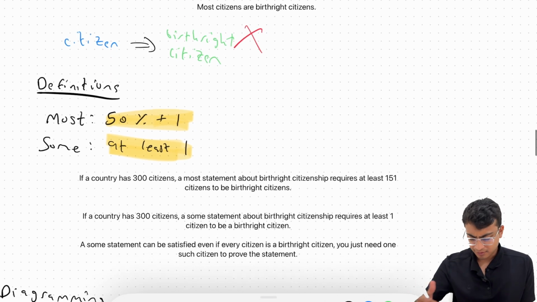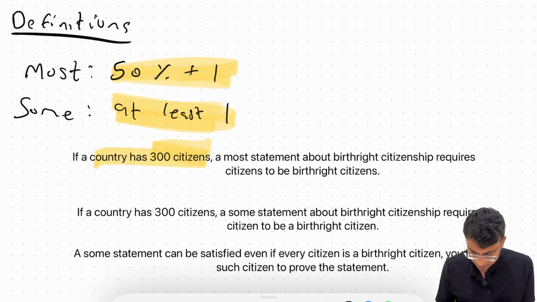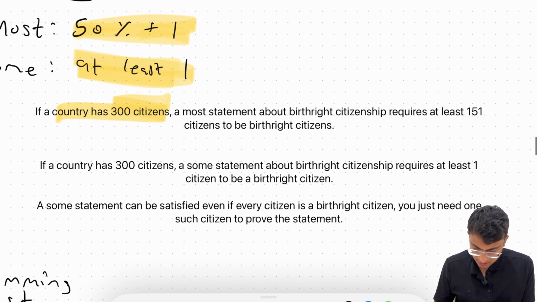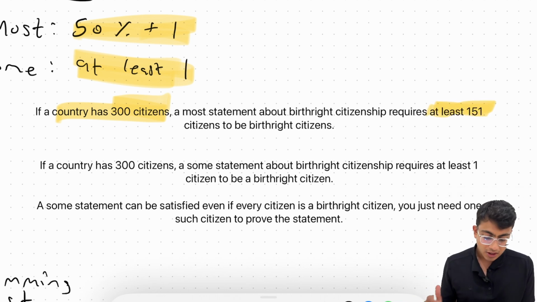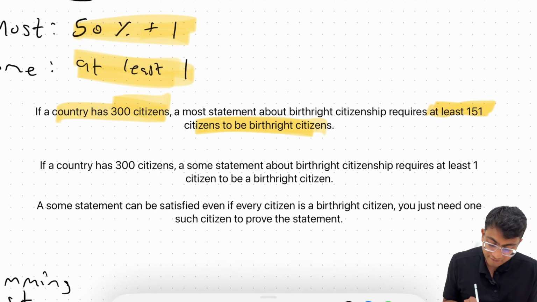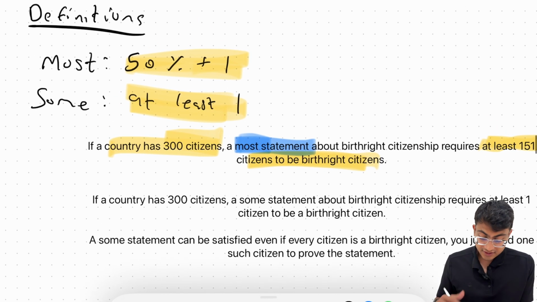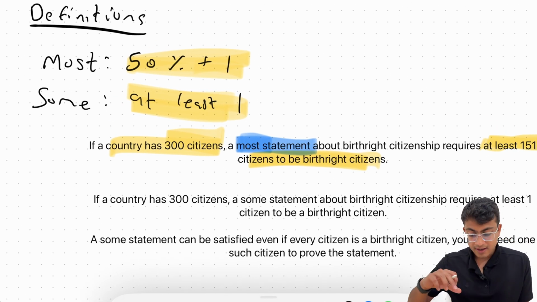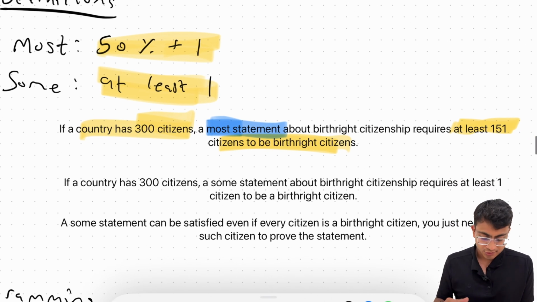Let's take an example. If a country has 300 citizens, let me zoom in a bit. Okay. If a country has 300 citizens, a most statement about birthright citizenship would require at least 151 citizens to be birthright citizens, because the burden of proof of a most statement is 50% plus 1.